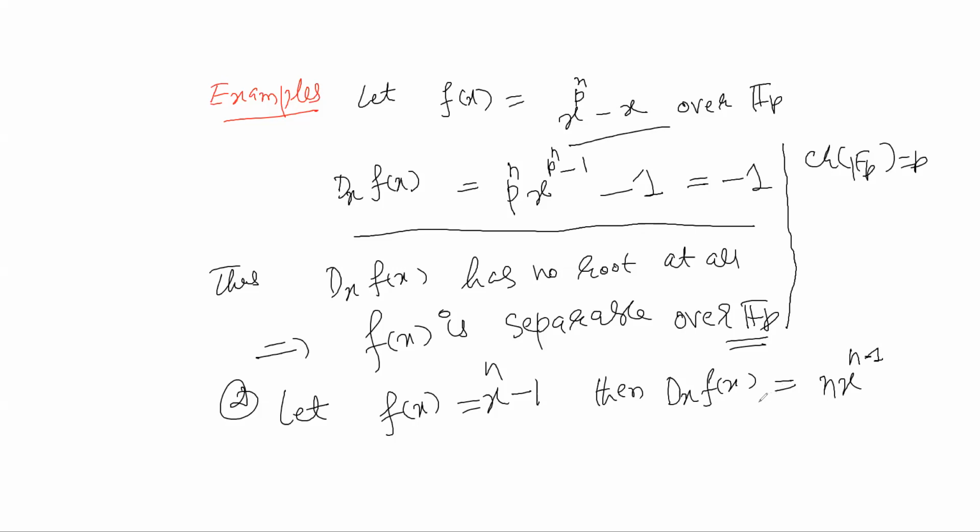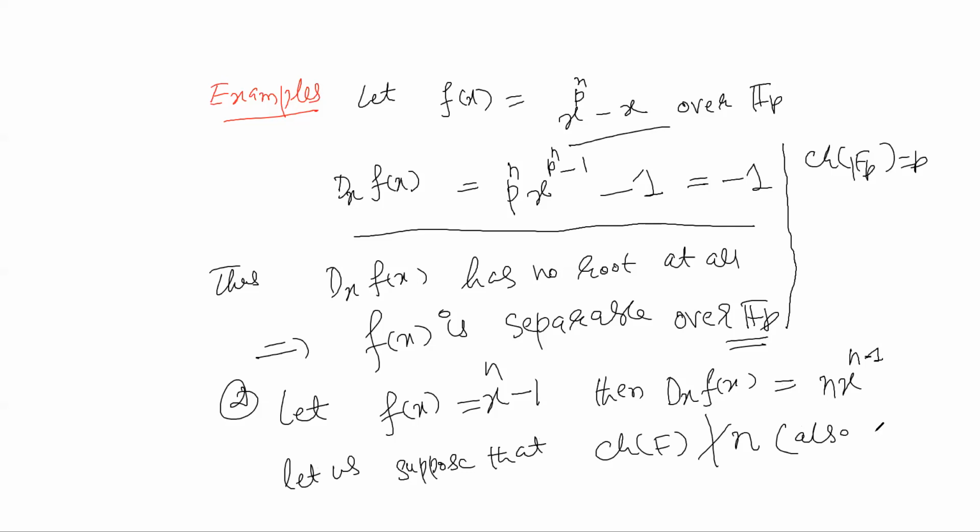Let us suppose that the characteristic of F does not divide n. This also includes the characteristic being 0. Also, you can take characteristic of F equal to 0 because 0 does not divide n. Okay. Then what can you say about the separability or inseparability of this polynomial?